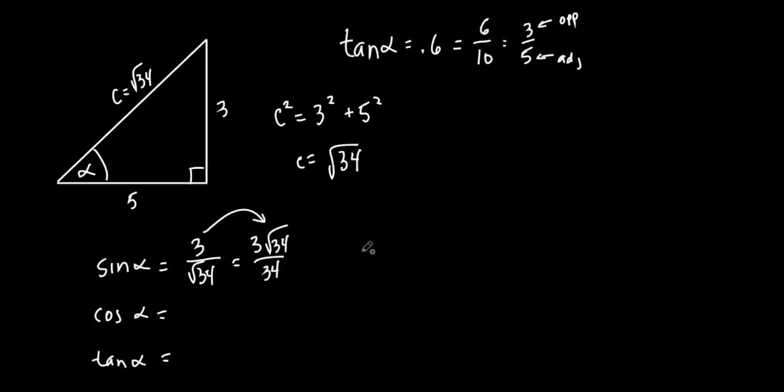How do I find, what's the inverse of the sine? It's the cosecant. So the cosecant of alpha would be what? Just take this and just flip it, right? So this would be square root of 34 over 3. And you can do the same for the others. You can do the rest, can't you? How do you find a decimal approximation? Put it into a calculator.